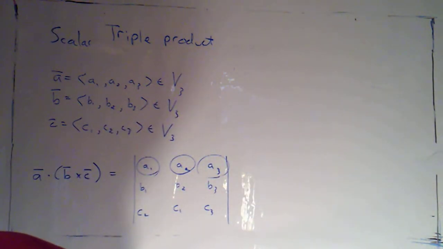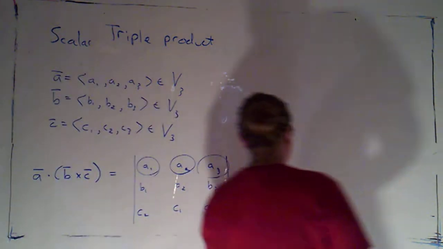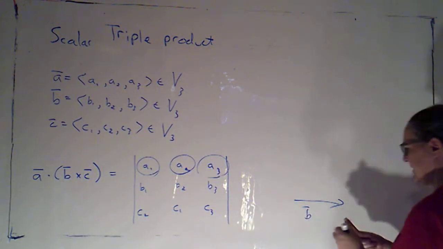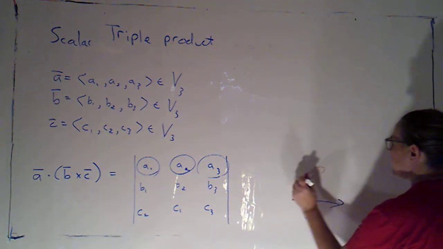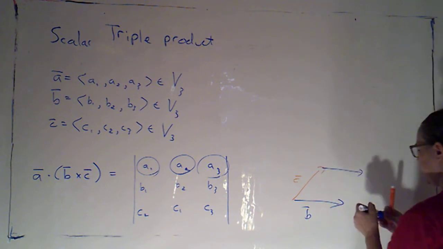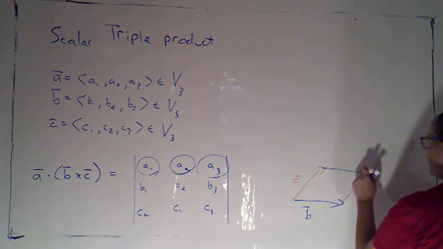I'm going to draw this. So I'm using the blue vector, which we said was B, and the orange vector that I said I was going to call C to determine the parallelogram that's the base of this shape.